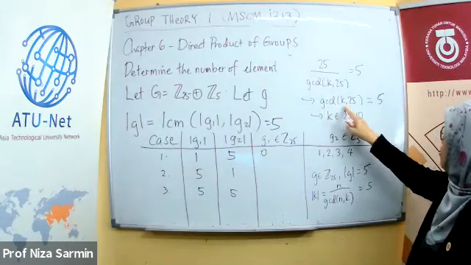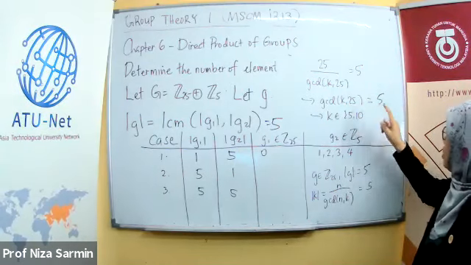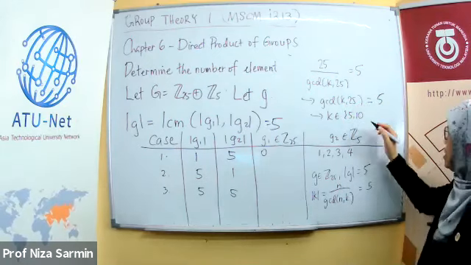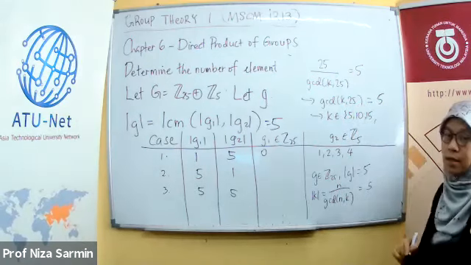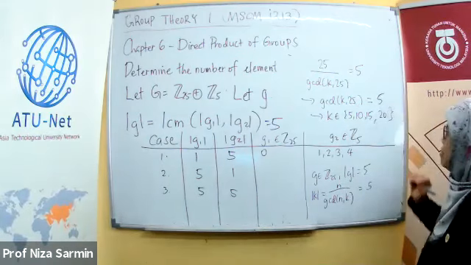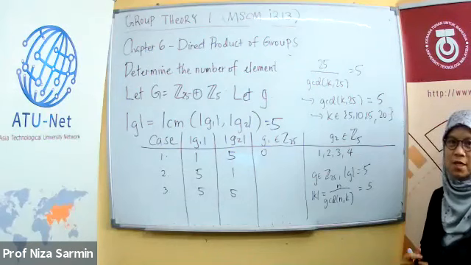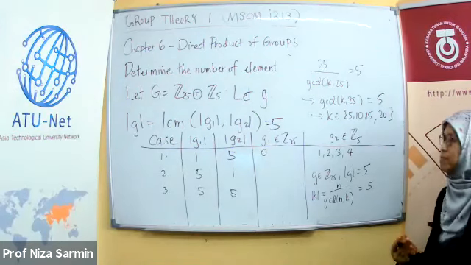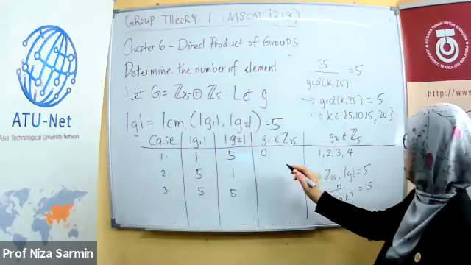The GCD of 5 and 25 is 5. The GCD of 10 and 25 is 5. Then 15, right? And then 20. This is the fastest way to count. You don't want to count one by one by one. So I put here.